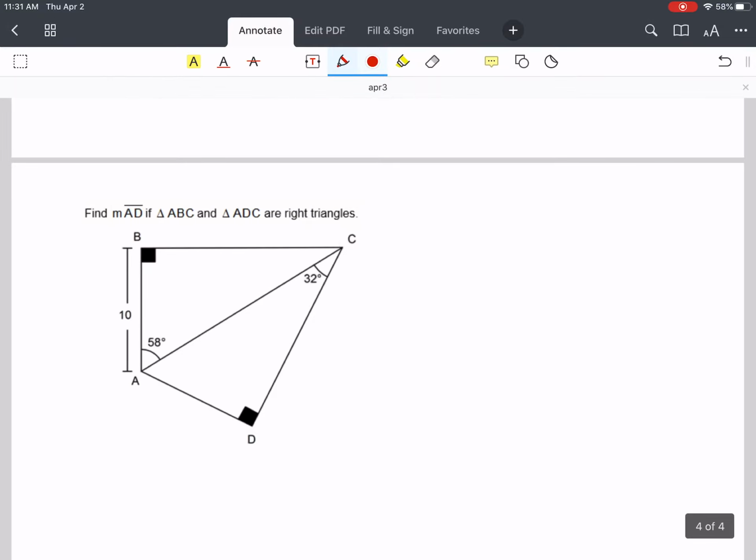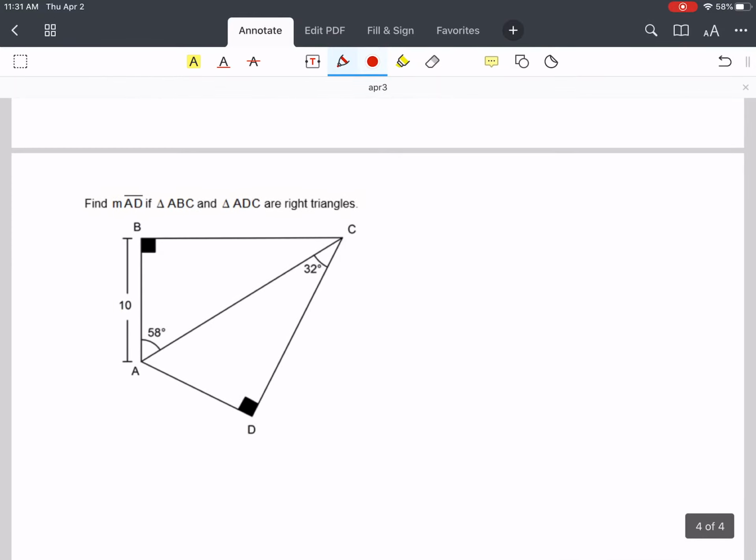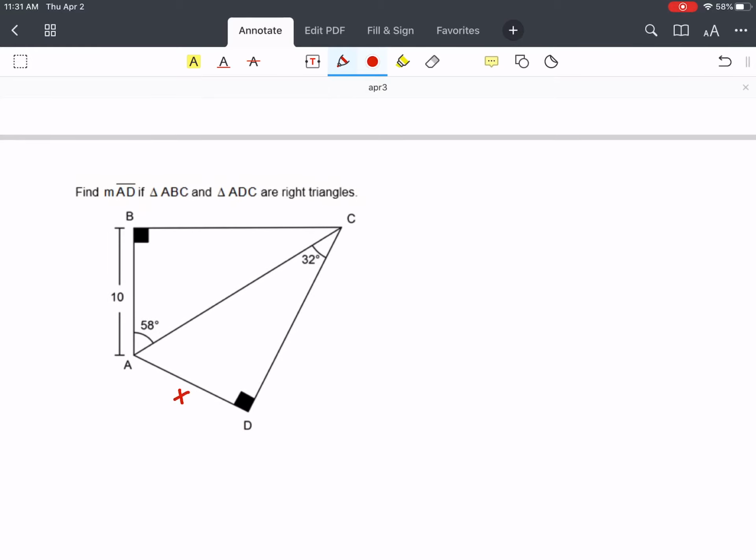All right, let's do one more question. This question asks you to find the length of AD if ABC and ADC are right triangles. So looking for AD, let's call that X. If we look just at triangle CAD with a 32-degree angle, it would be very helpful if I knew one of the other sides.